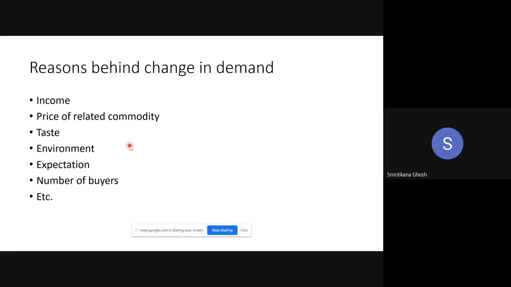Tea and coffee. Yes, tea and coffee. If price of tea is increasing, demand for coffee is also increasing because tea and coffee are generally substitutes. Look, it varies. If I'm very much interested in tea, I will not substitute tea with coffee. But in general, they are substitutes. Butter and jam. They are complementary.